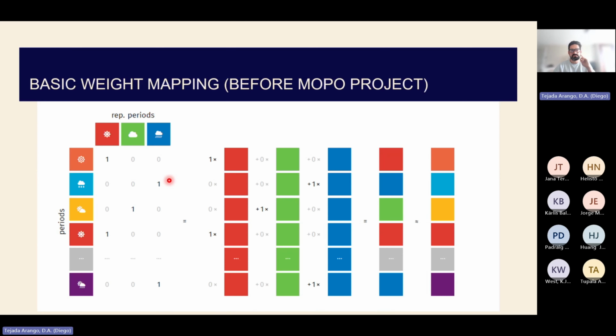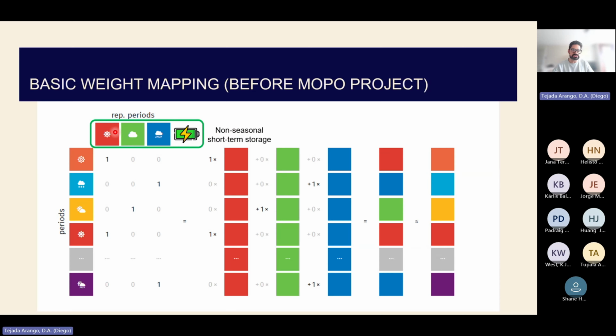That is translated to a mapping. This is the basic weighting mapping. You have only one-to-one assignation, so those arrows can be translated into a matrix. For non-seasonal storage, for example, batteries can be represented in each one of the days.